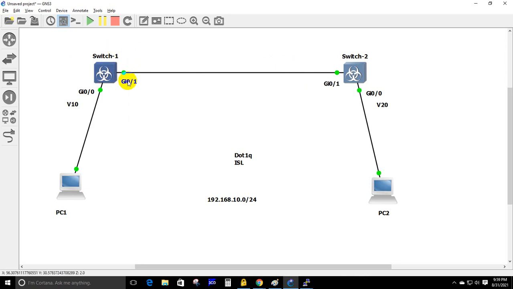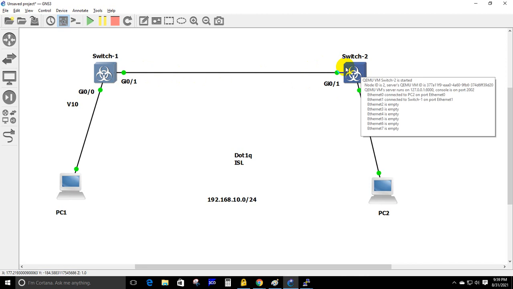Switch 1 also knows the trunking encapsulation protocol is ISL. So switch 1 tags it and forwards the frame over the trunk link to switch 2.